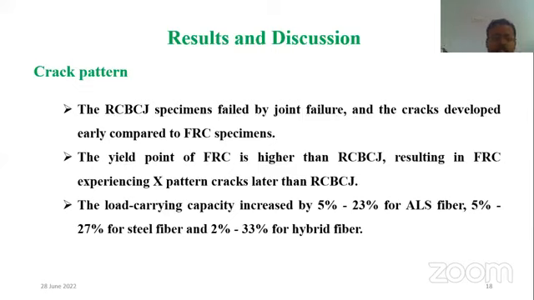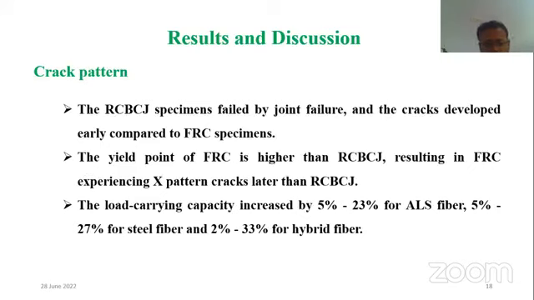Next, the reinforced concrete beam column joint specimens failed before the fiber reinforced concrete specimens. It is obvious because the fiber offers resistance against cracks, and also it enhances the strength and ductility property of the concrete.